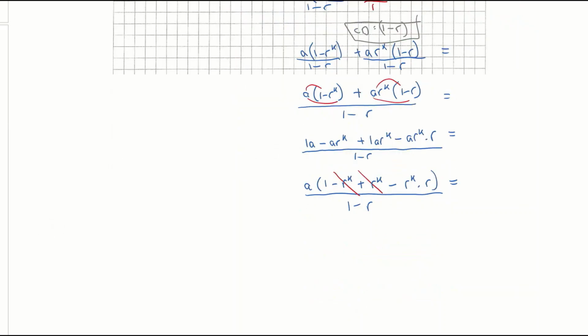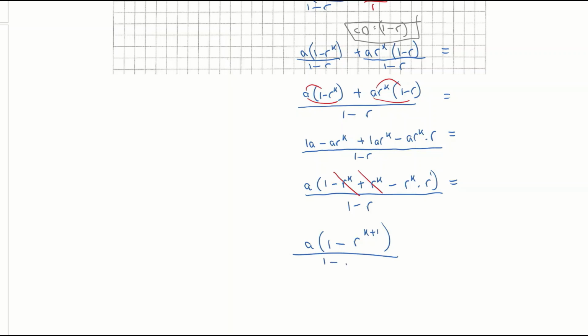Next step I'm going to focus in now on is this part here, this r to the power of 1. Using my log tables, I'm going to join in that r to the power of 1 with the r to the power of k. So that's the same as a times 1 minus r to the power of k plus 1. So r to the power of k times r is the same as r to the power of k plus 1. So that's just coming from my log tables.